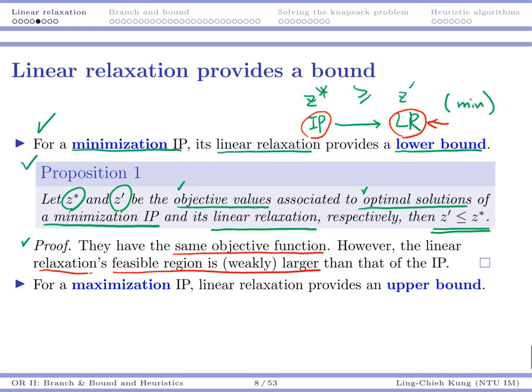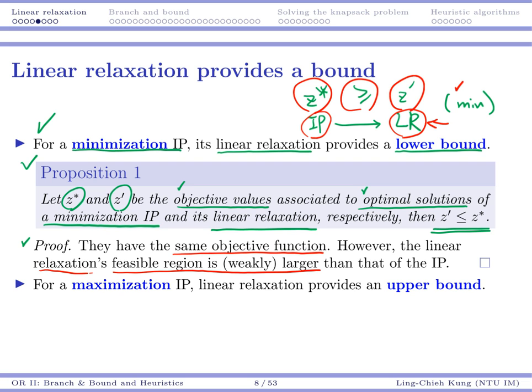Okay, here you have a larger feasible region because you are allowed to take fractional values. So if you are having the same objective function with a larger feasible region, naturally you will do better. And for a minimization problem, better means less than or equal to. So that's how our z prime may be a lower bound of z star.